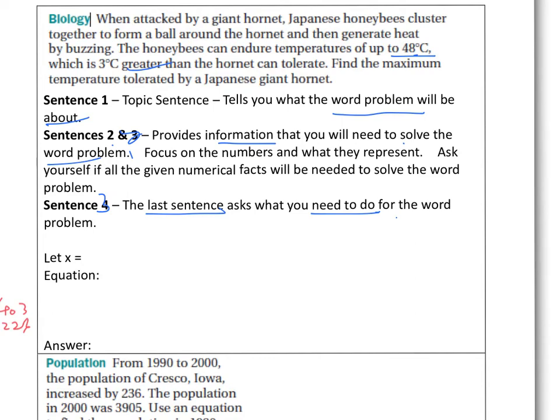So let x equal the maximum temperature. And here it says the honeybees can endure temperatures of up to 48 degrees.